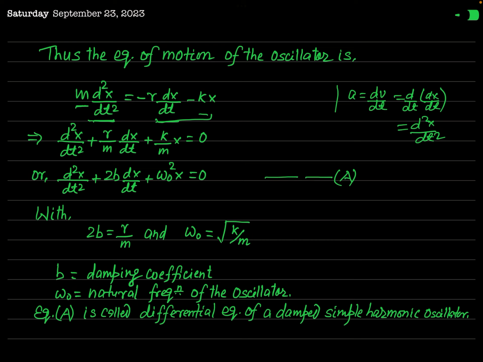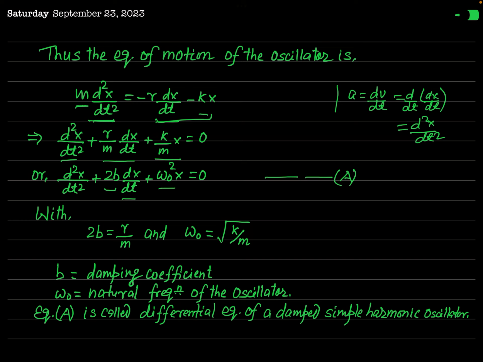You can see that after dividing by m, we will get d2x by dt square plus r over m times dx by dt plus k over m times x equal to 0. And this equation may be written like this: d2x by dt square plus 2b dx by dt plus omega naught square x equal to 0.